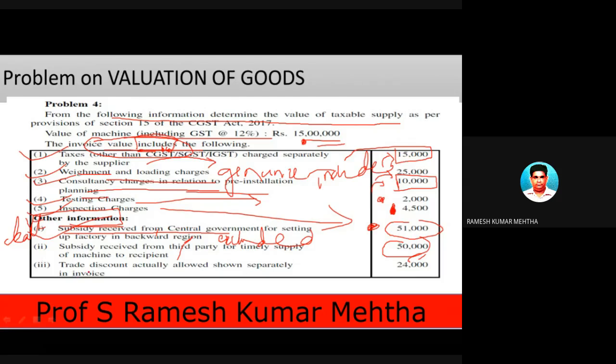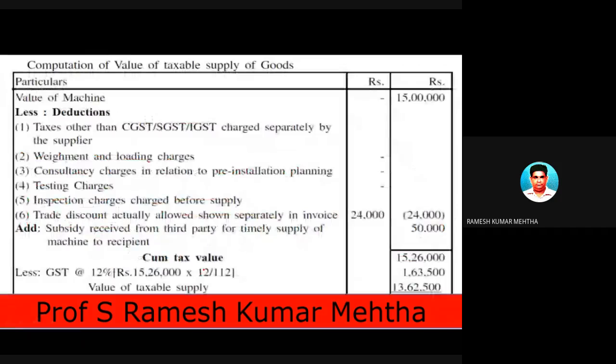Okay, next one is trade discount. Trade discount actually allowed, shown separately in invoice, so this should be deducted, and it was not shown, so we have to deduct it. Let's look at the answer.